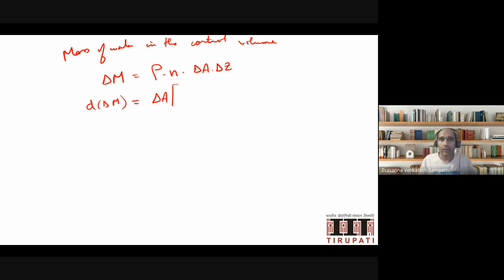So we will get rho times n times d delta z plus d rho times n times delta z plus rho times dn times delta z. Okay, so I hope that's fairly clear what we have done over here.